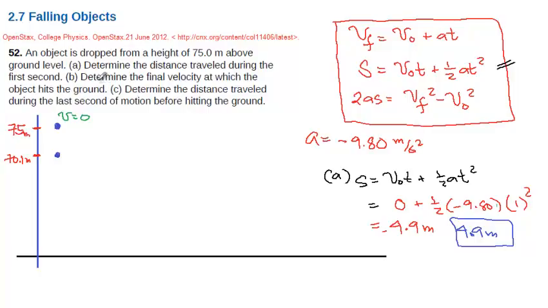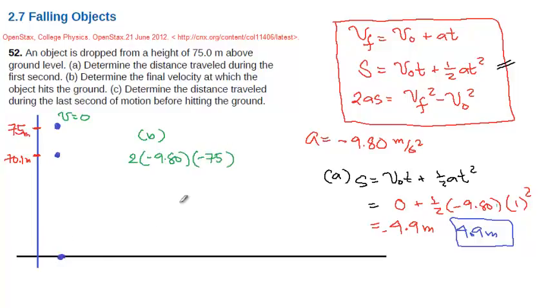Now for part B, determine the final velocity at which the object hits the ground. This is interesting. We're looking for its velocity when it hits the ground. I think the best equation to use here is equation 3, because we already have s, we have v-naught, and we have a, so we can solve for vf. For part B, a is again negative 9.80. s is negative 75.